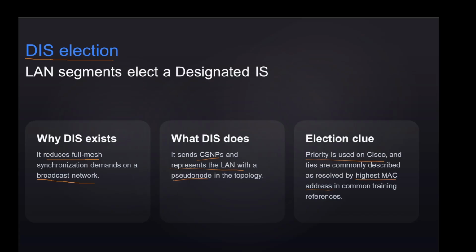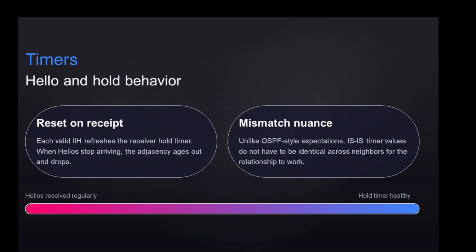Continuing our discussion on the timers, each interface configured to run IS-IS sends IIH packets every hello interval, and there is this concept of hello multiplier, which is the hold timer.